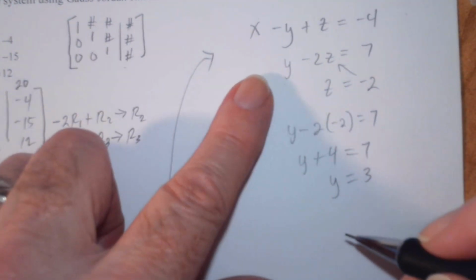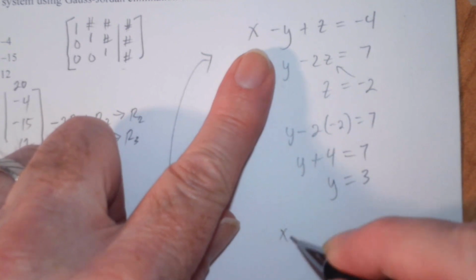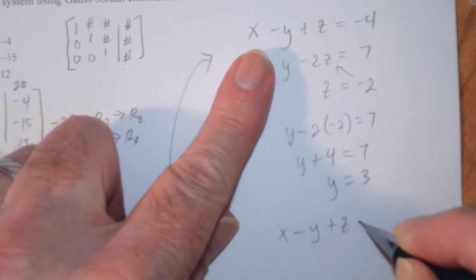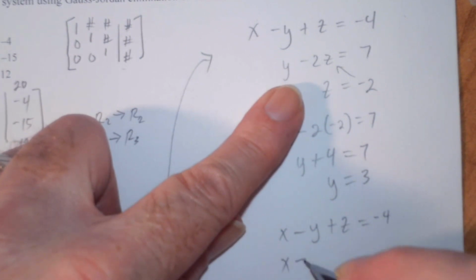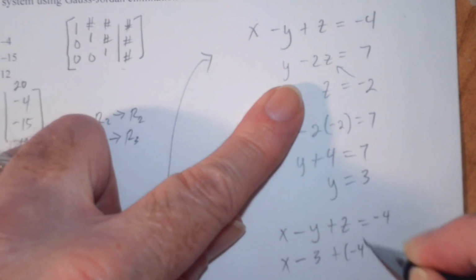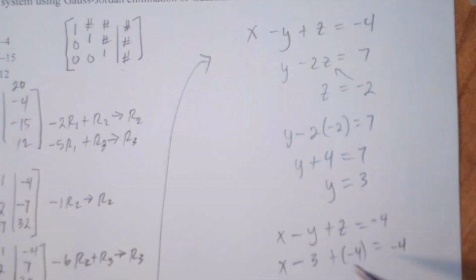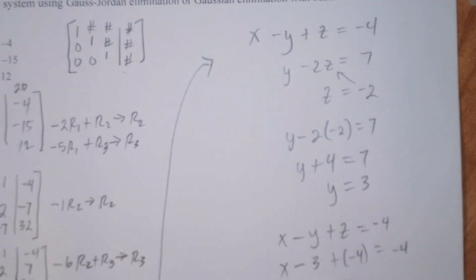And finally, we can use that first equation. We have x minus y plus z is -4. But y is 3, and z is -4. So we're just plugging in y and z into this equation here.